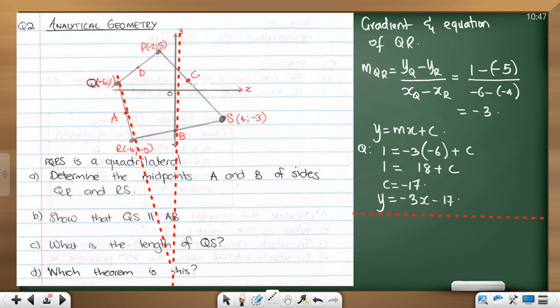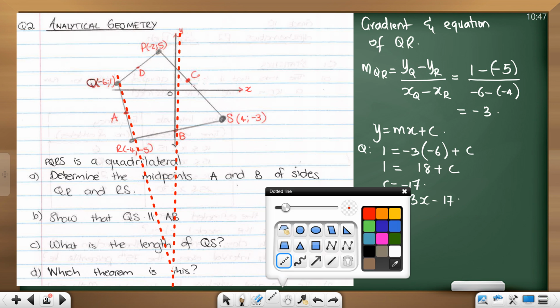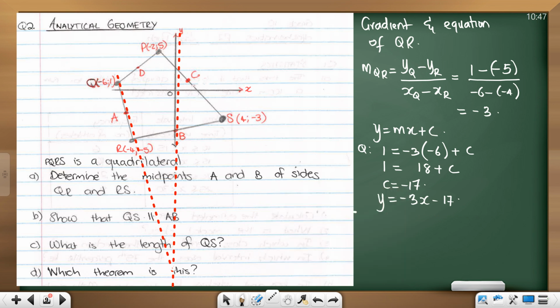Let's confirm this. You don't have to do this in the exam because you don't have time. But let's walk through so that we give someone confidence to say, okay, what if I want to use point R? What is the y value? Negative 5 equals what? Negative 3 times negative 4 plus C. What will this give us?